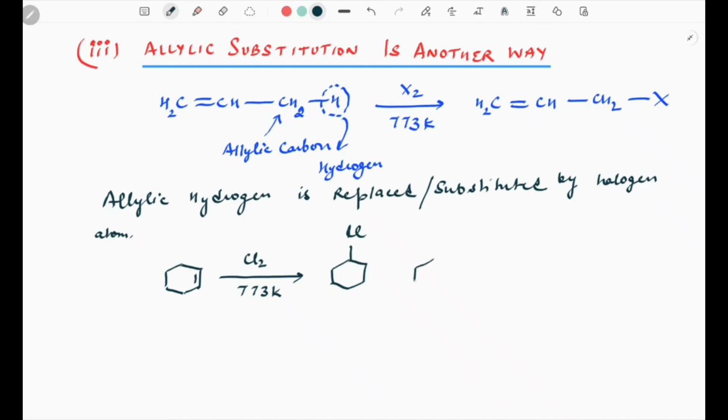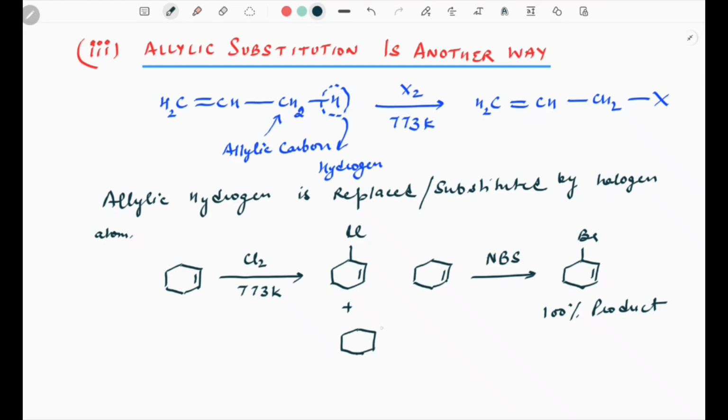In case of bromine, NBS is used as a catalyst, and this gives you a selective reaction which gives you 100% allylic product. In case of chlorine, the selectivity is often not there.